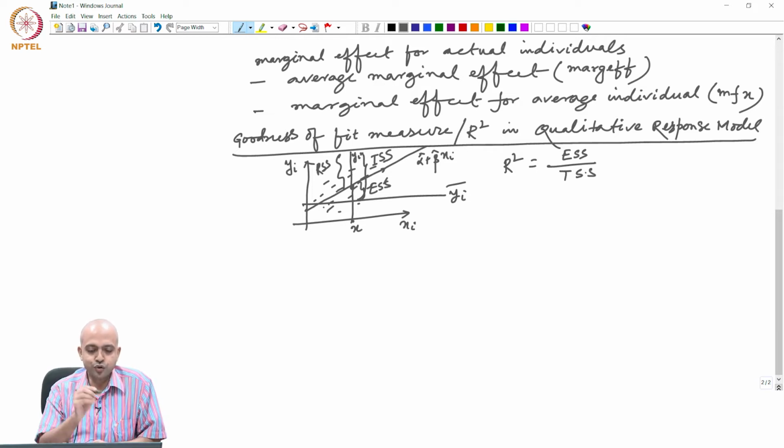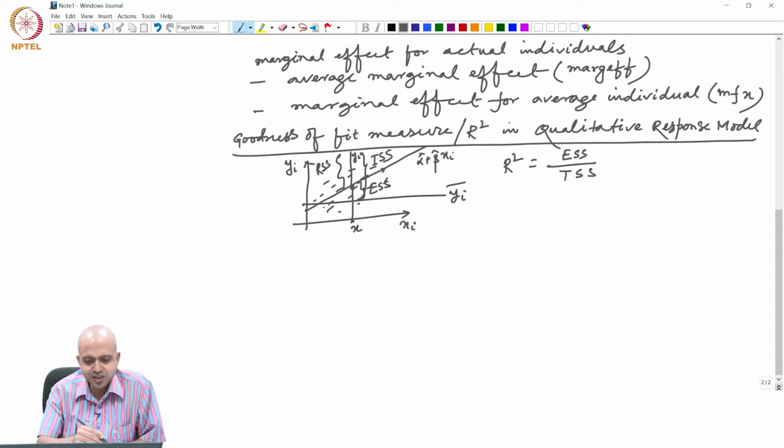So, out of your total variation in y, which is measured by summation yi minus y bar whole square, how much have you explained? Summation yi hat minus y bar whole square, and then your R square is ESS by TSS.